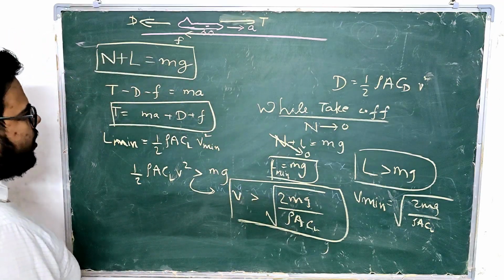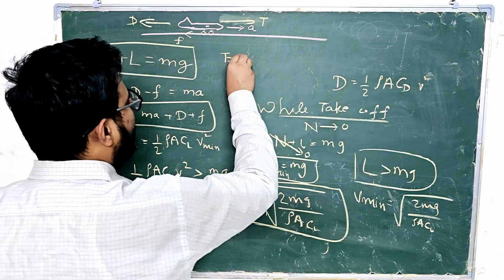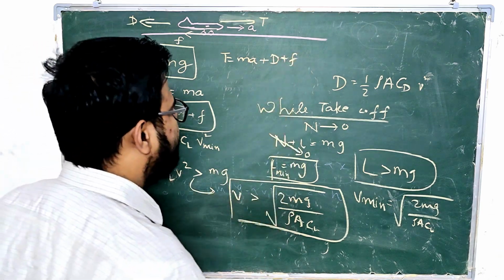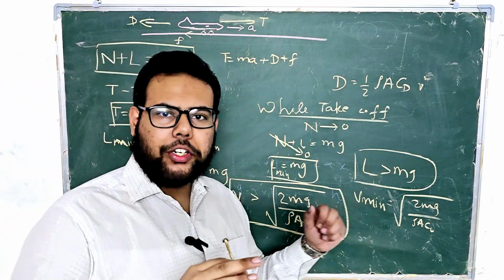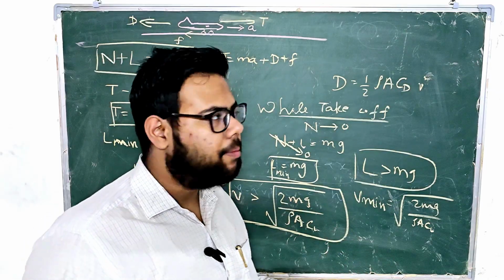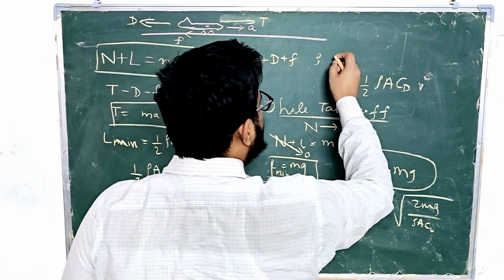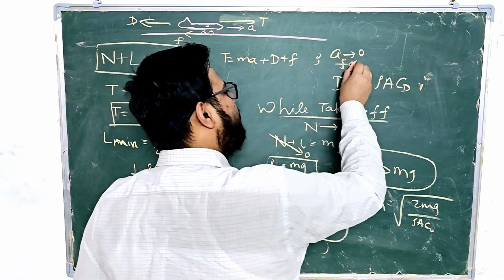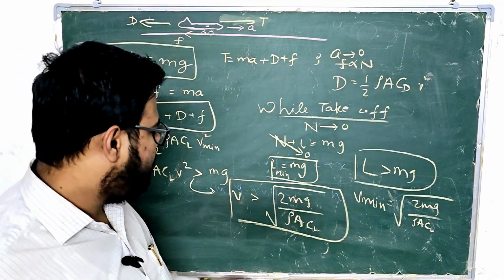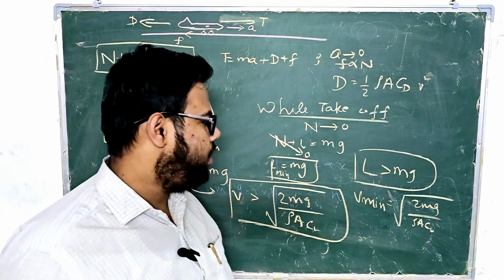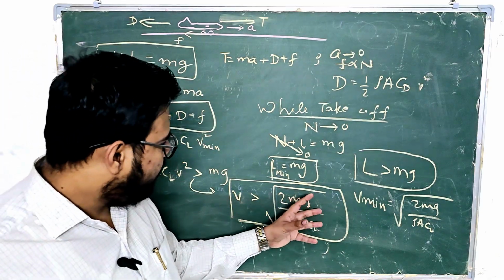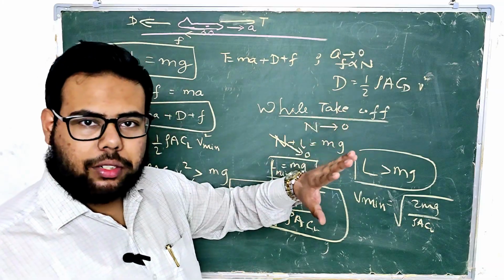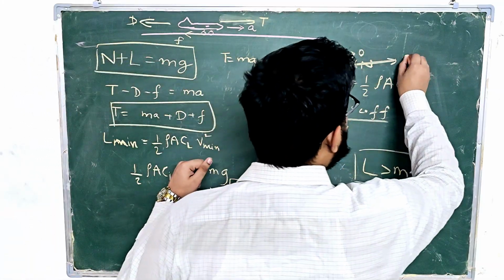And for the case of thrust, T is equal to ma plus D plus F. While takeoff, we can assume the acceleration to be approximately equal to 0, right? So if I assume acceleration tends towards 0, and since friction is proportional to the normal force, and N tends towards 0 while takeoff, friction will also tend towards 0.